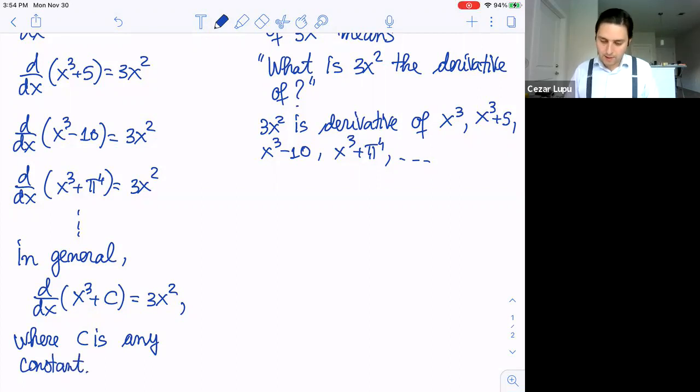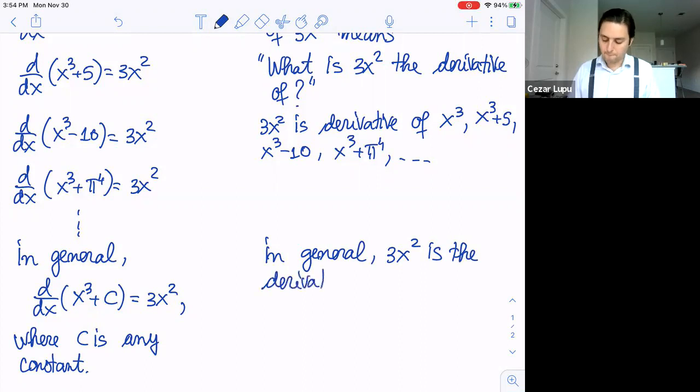And we can say the same thing in general: 3x squared is the derivative of x cubed plus a constant, right? So see, a constant is a constant.